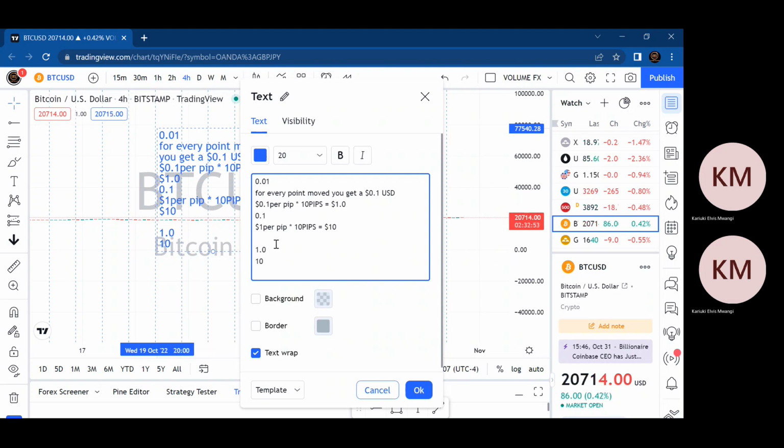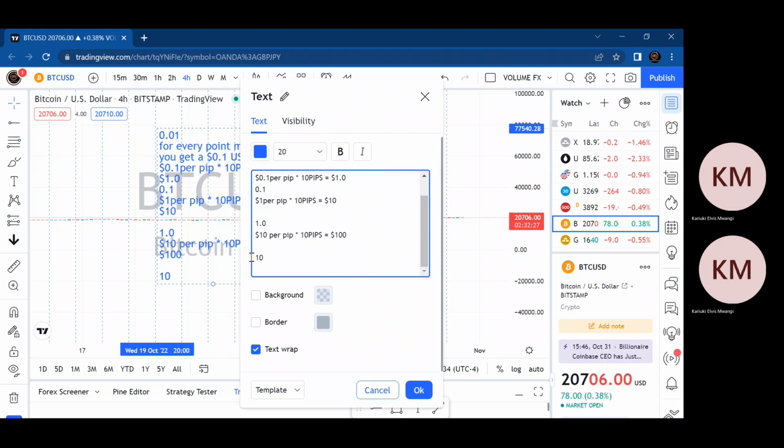So let's go to lot size 1. Lot size 1 is very interesting, because for every pip the market moves, you will get $10. So if the market moves 10 pips, that is $100.